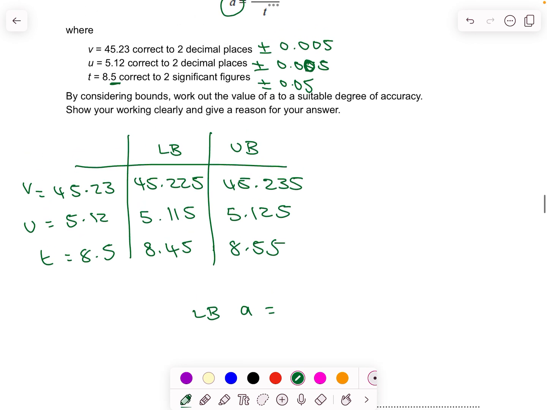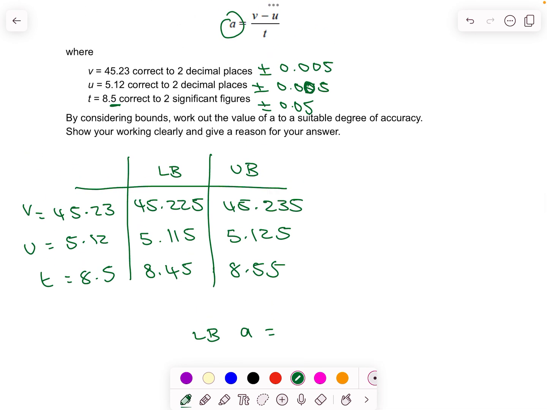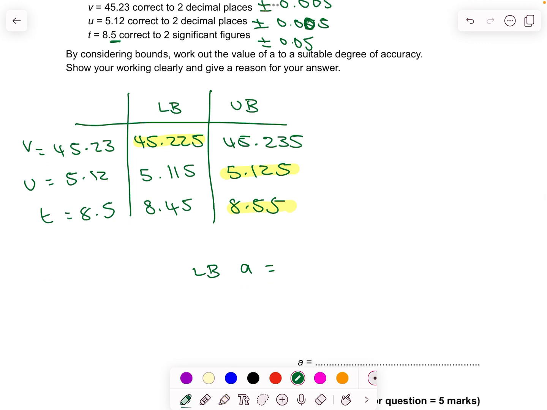So if you want the lowest possible value, I need to take the lower bound of V, take away the upper bound of U, divided by the upper bound of T. Remember, my aim is to make it smaller and smaller, and so you should have done 45.225, take away 5.125, divided by 8.55.